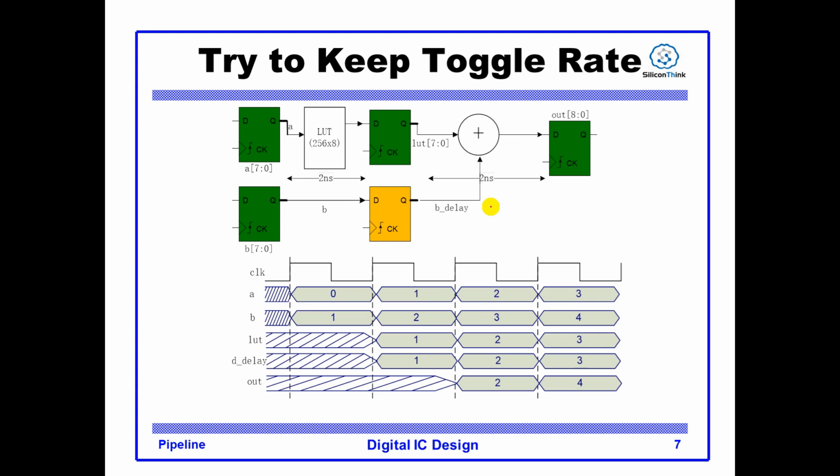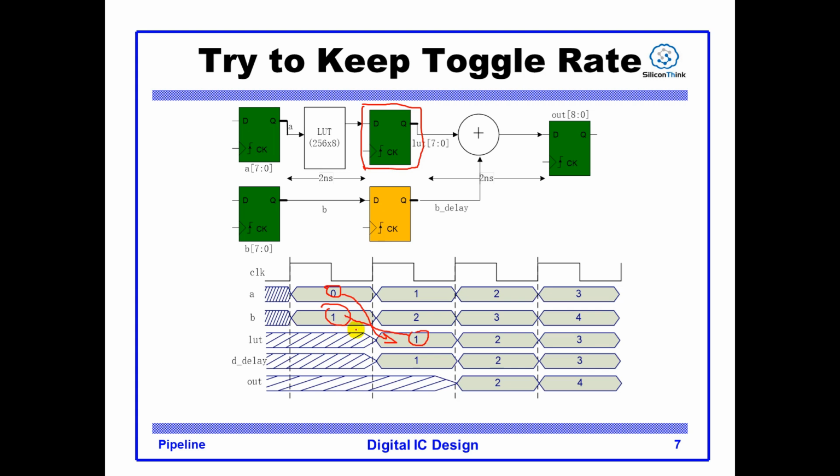Then how about this one? The problem is that after the insertion of the pipe register, the LUT value here is delayed by 1 cycle, and we want to use this one to AND with this one.